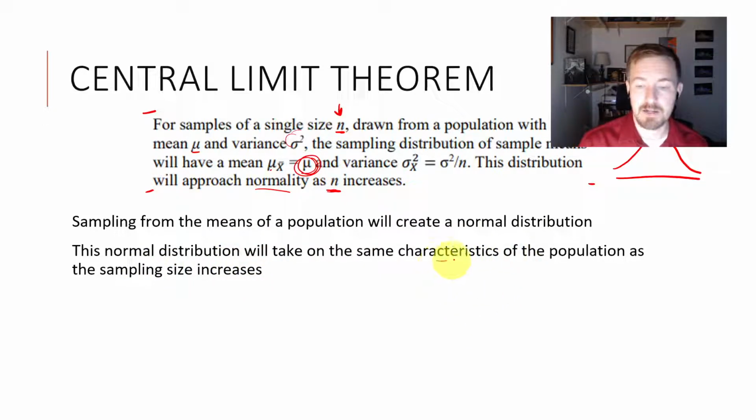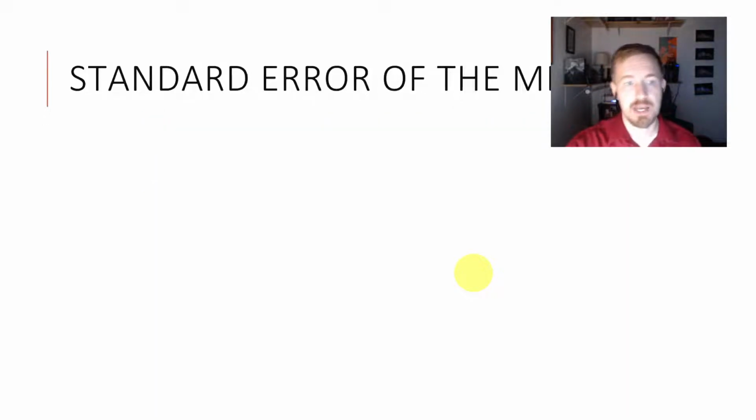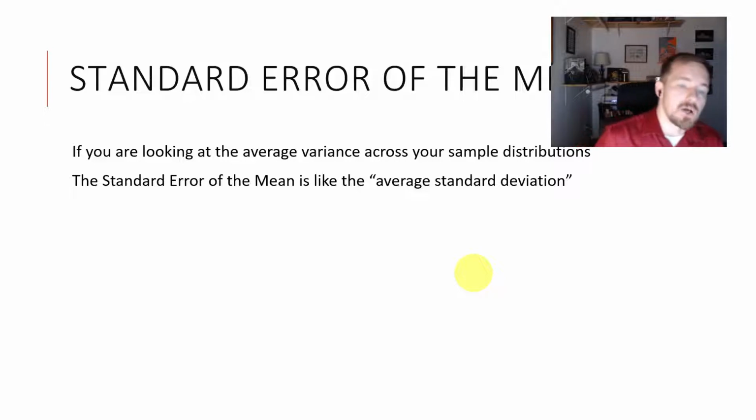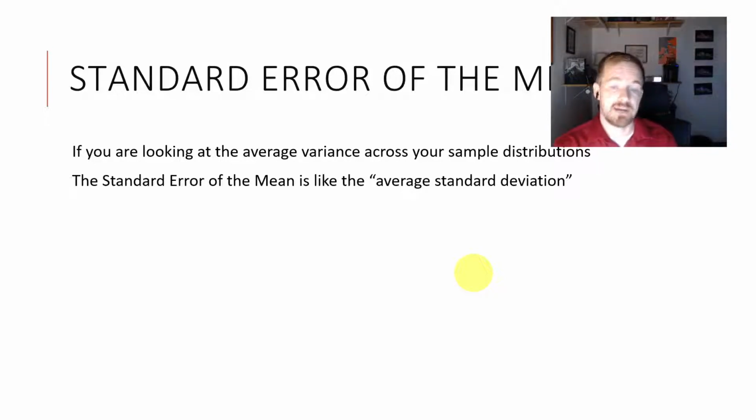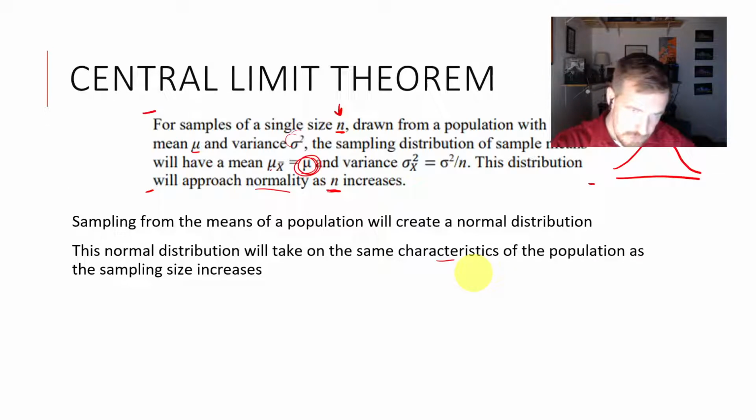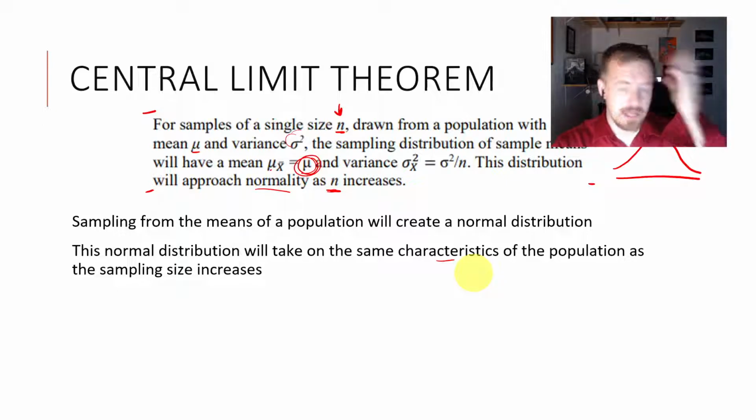And when I say characteristics, I just mean the mean and standard deviation of the population as you increase that sample size. So if we're looking for the average variance, it has a name, and that average variance is called the standard error of the mean. When we're talking about population means or sampling means, we don't really have a good word for that.